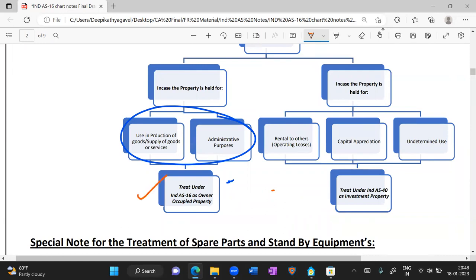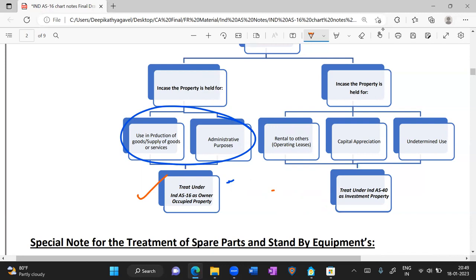But in case the land and building, that is the property, is being used for rental to others, that is, you're giving it as rental to others on operating lease, remember one thing very clearly: the primary business of that particular entity should not be of doing this. Let's say my primary business is manufacturing electronics, but I have an idle land.